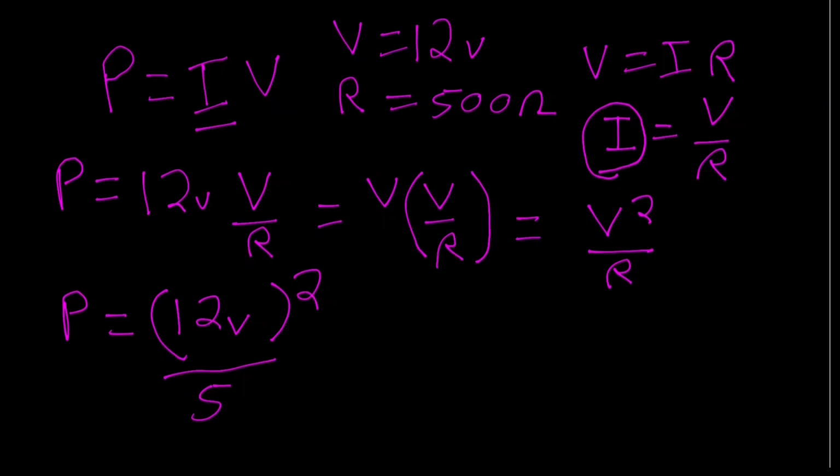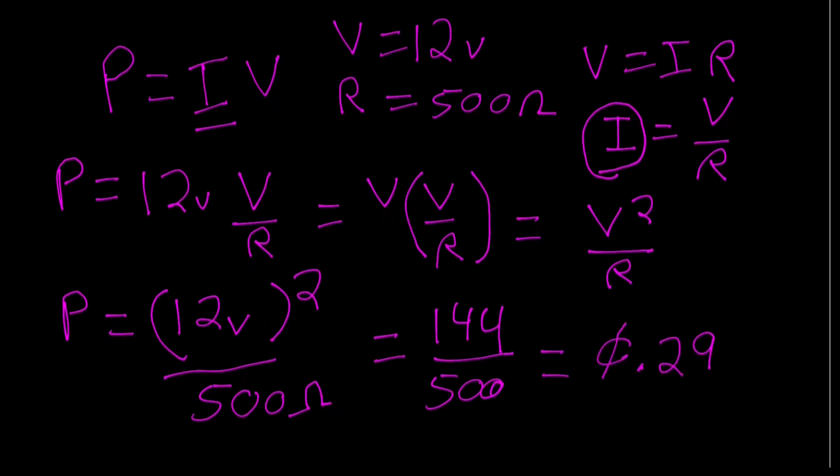And we can simplify this to 144 over 500, which will give us a value of 0.29 watts. Okay, so now you know how to use the power equation and Ohm's law together to solve for missing factors in one or the other equation.